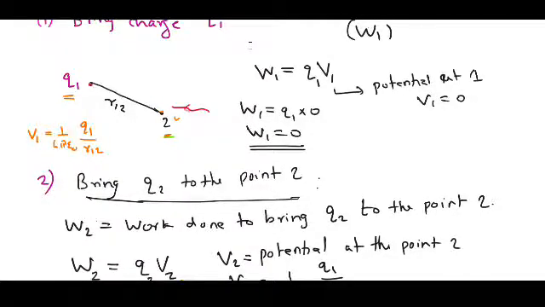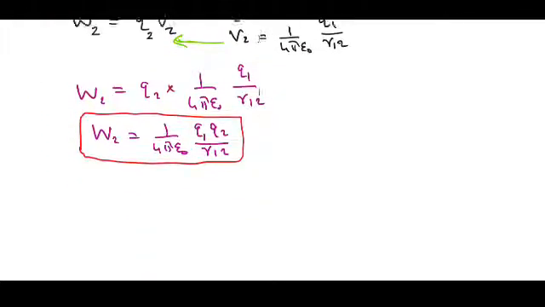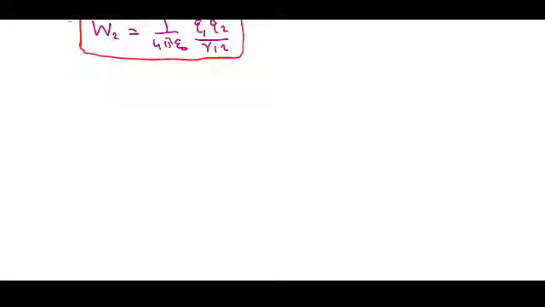By calculating this work, that is, the amount of work needed W2, we will do the work, that is, we will bring the charge Q2 to the point 2. Now our charge Q2 has reached here. Now one more charge is left, that is the third charge.